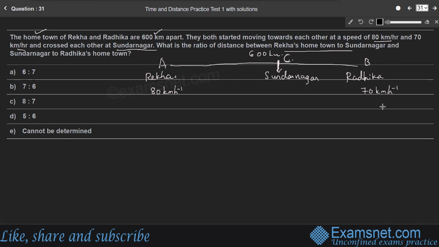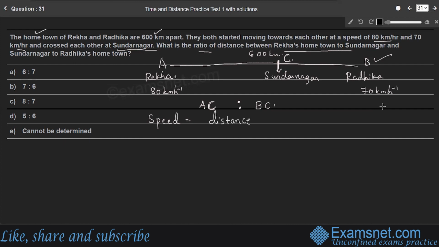Here we need the ratio of the distance between Rekha's hometown to Sundarnagar, AC, to Sundarnagar to Radhika's hometown, BC. For that, we are using the concept of speed, which is equal to distance by time.